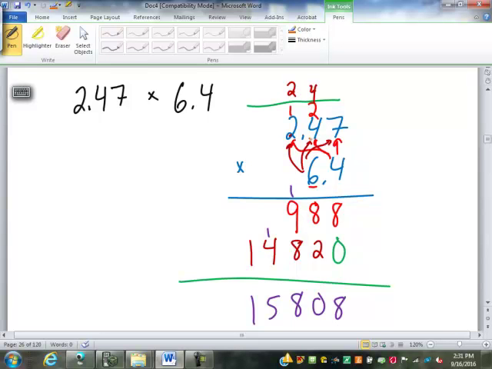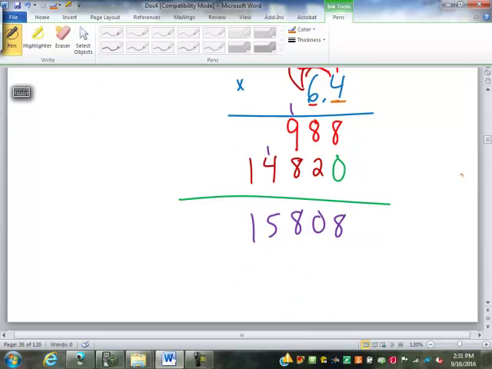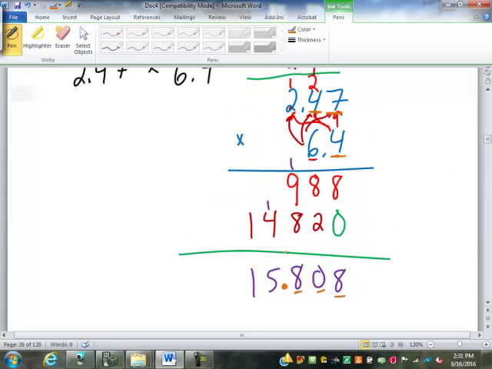We've been taught to count 1, 2, 3 decimal places in the problem, 1, 2, 3 decimal places in our answer. So our decimal point has to go between the 5 and the 8. And that is the process you're supposed to do. As we mentioned before, that's just combining the names. We have hundredths times tenths. That has to become thousandths.